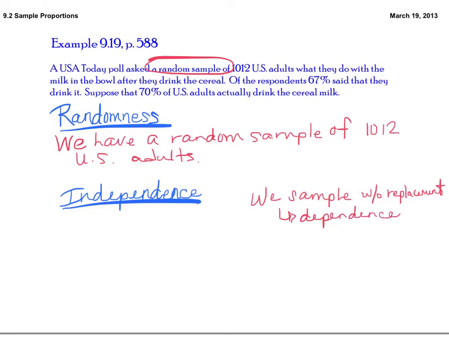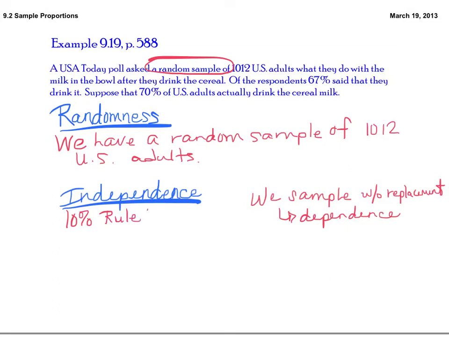And so what we need to make sure of is that we don't take a sample that's so big of a piece of our population that we invalidate the formula that we're using for standard deviation. So we use what we call the 10% rule.